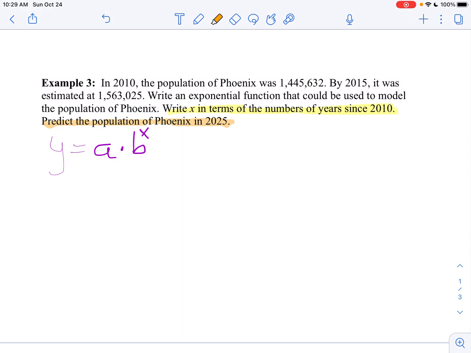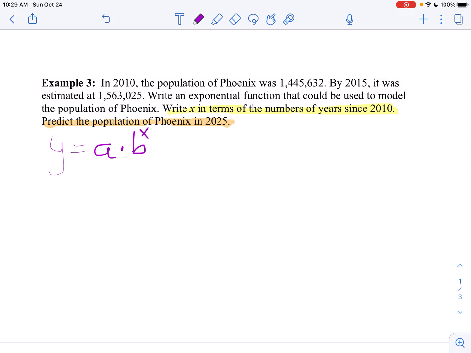So we know we're going to start with 1,445,632. That's going to be the year 2010. So that's where we start. Well, in 2015, 5 years later, we're at 1,563,025.